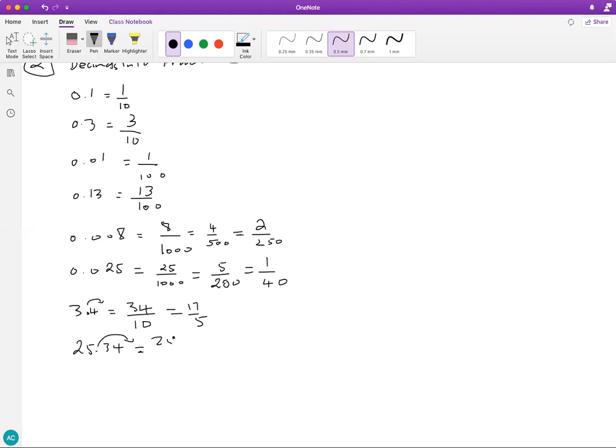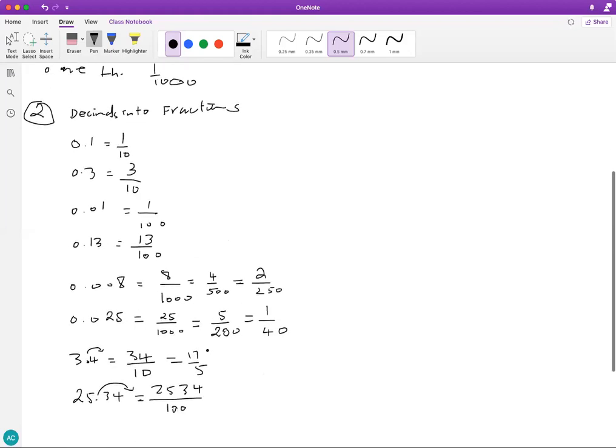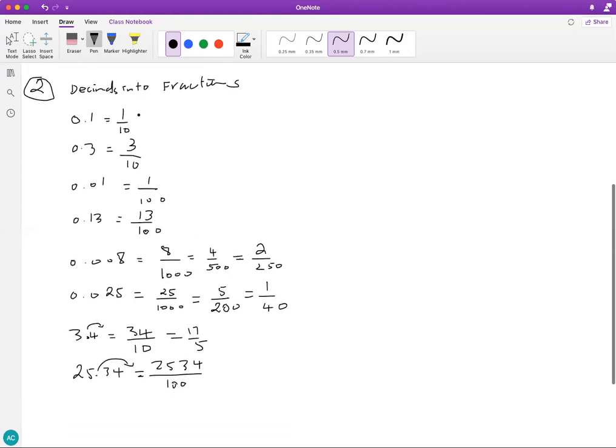So 25 over, and if you move it twice, what would the denominator be here? Since we moved twice, it'll be in the hundreds place. That's right, it will be 100. Here we moved once, that's why I have 10. Here we moved twice, so we put 100. And again, you can try to reduce this. But that's pretty much how you turn any decimal into a fraction.